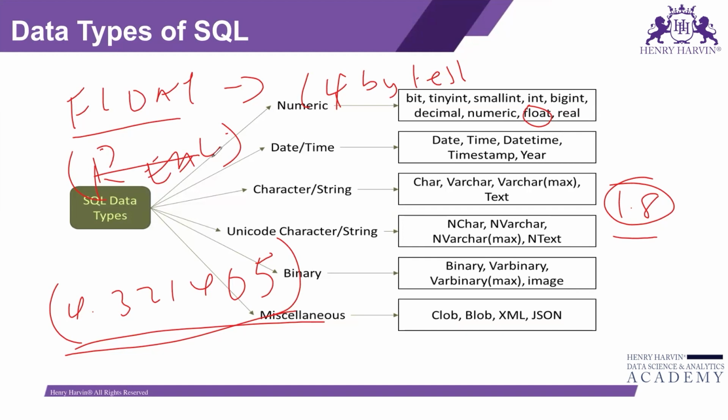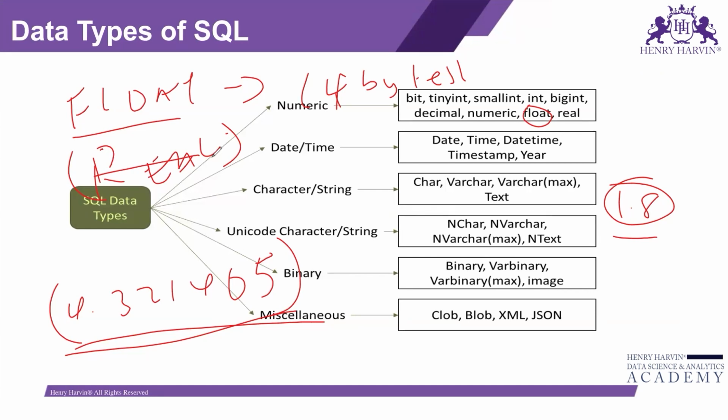Okay. So in summary, the float is the data type in SQL which we use to represent floating point numbers with single precision. That simply means it provides a wide range of values with approximately seven decimal digits of precision.